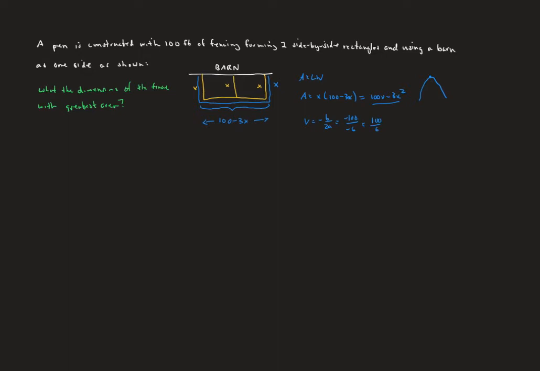So if we were imagining graphing that, this right here is 100 over 6, or we can reduce that to 50 over 3. So that is going to be the x value in this parabola.